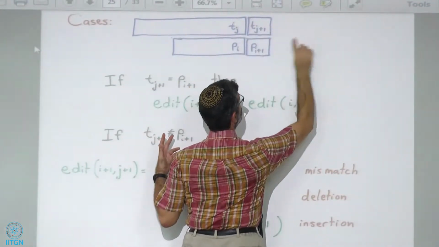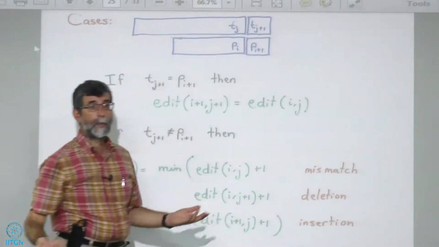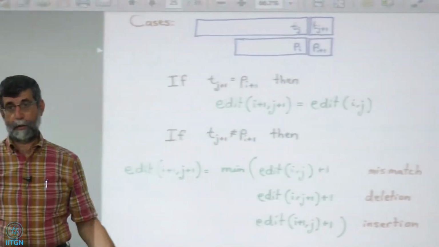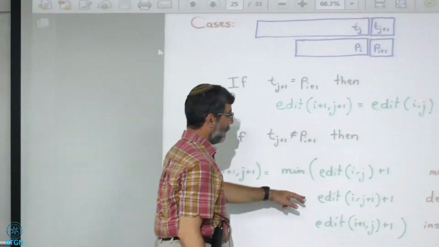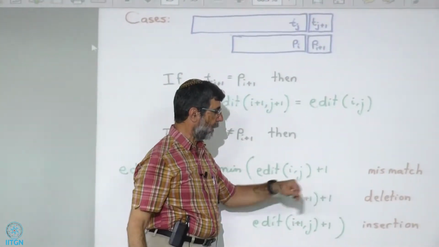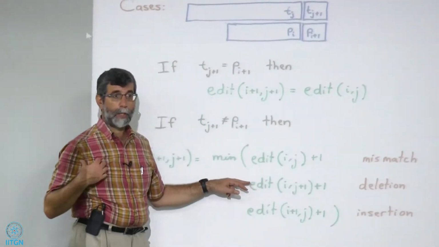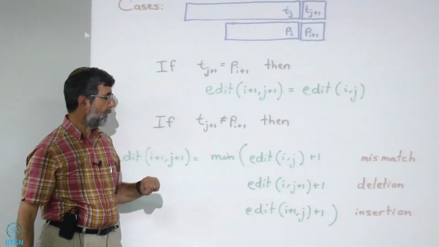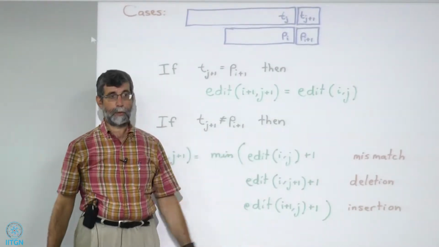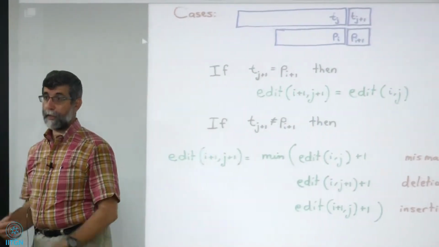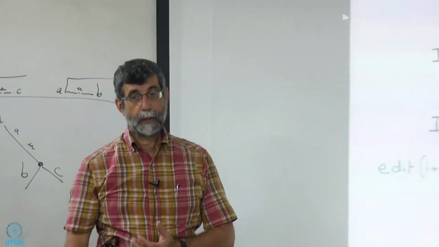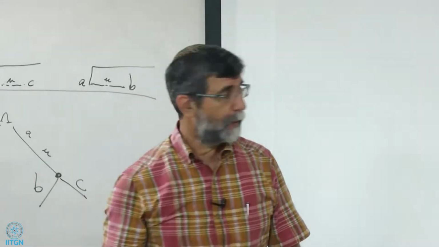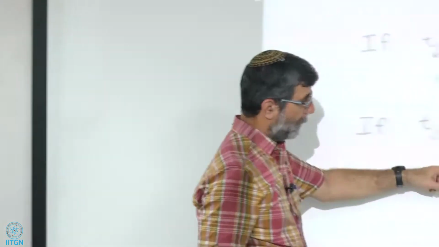But the continuation from here and here is going to be all the same. So everything is peachy. So that's what we want. So if that's the case, then edit(i, j+1) would be the way to go, because it would be less than edit(i,j) plus 1. And if that's the case, and really the deletion would explain this situation better, then that's how I should go. So I need to take the minimum of these two.